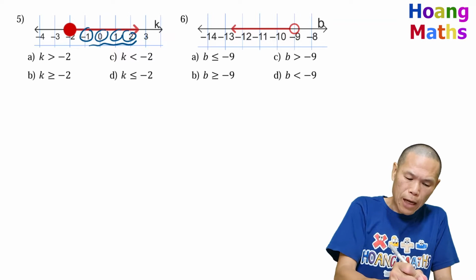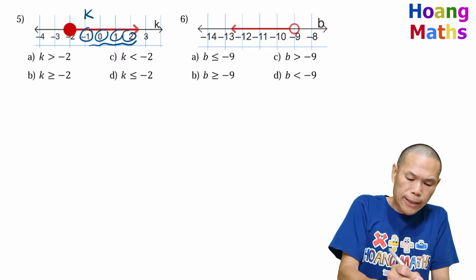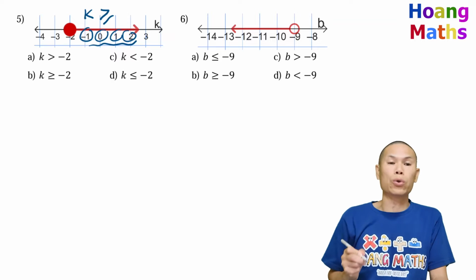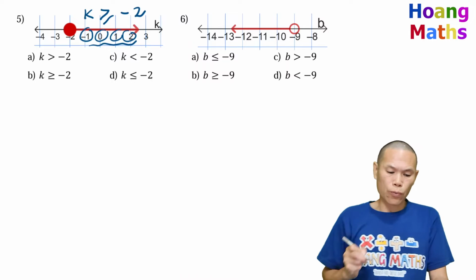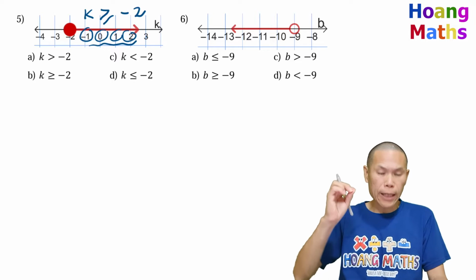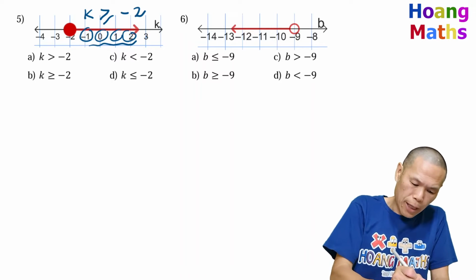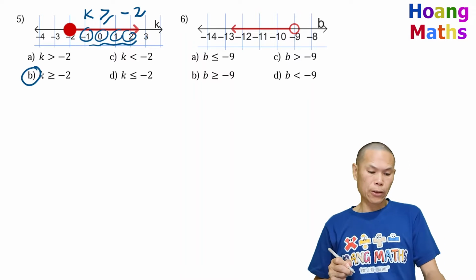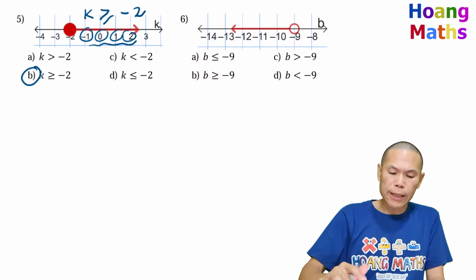So in other words, because these values are k, k is greater than or equal to -2. So that's the answer. So there you go. The answer is B.